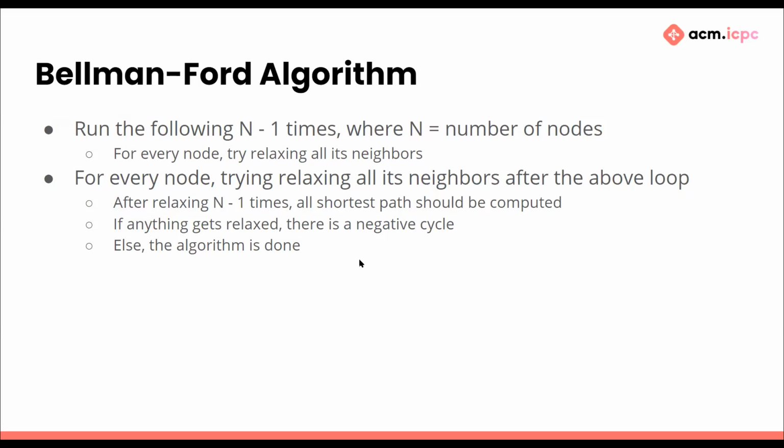And after we run this algorithm n-1 times, we can try relaxing all neighbors of all nodes again. And if something gets relaxed, there is a negative cycle. I'll explain why this is the case, but first, I want to explain why exactly this algorithm works.